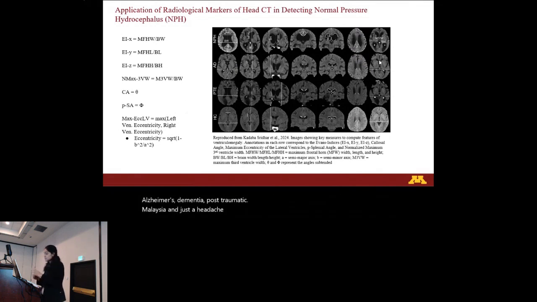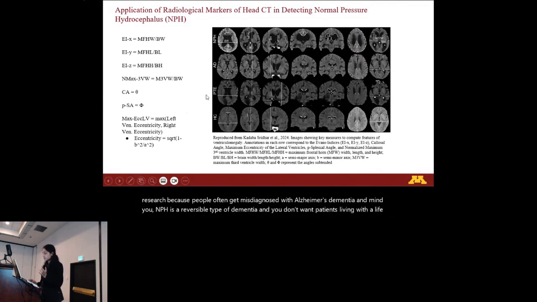This problem is really important because distinguishing NPH from AD is a huge problem in the field of hydrocephalus research, because people often get misdiagnosed with Alzheimer's dementia. And mind you, NPH is a reversible type of dementia, and you don't want patients living with a life sentence of irreversible dementia due to Alzheimer's or anything.